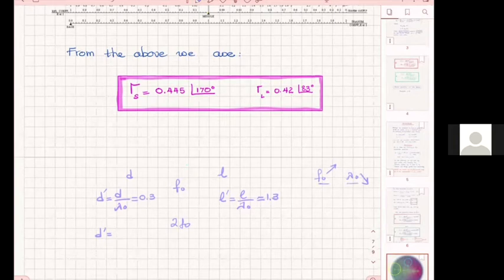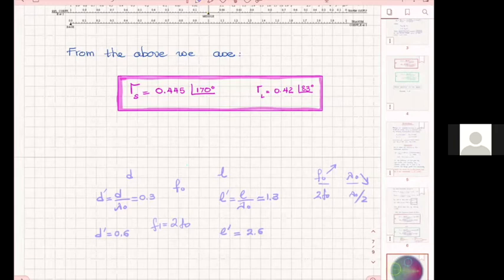If this becomes twice, this is going to become half, which means that my new electric length for this frequency, F1, is going to become 0.6, okay? And my new electric length is going to become how much here? 2.6.